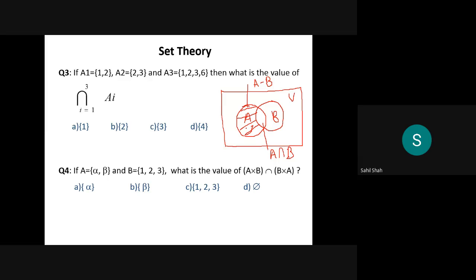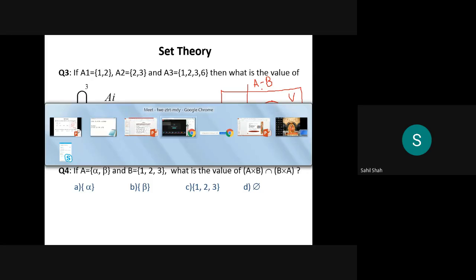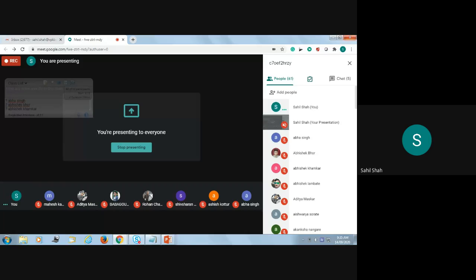So my question is, how can we write A union B in terms of difference? How can we write A union B in terms of A minus B and something? I'm expecting your answers in the chat window. The Venn diagram is in front of you.